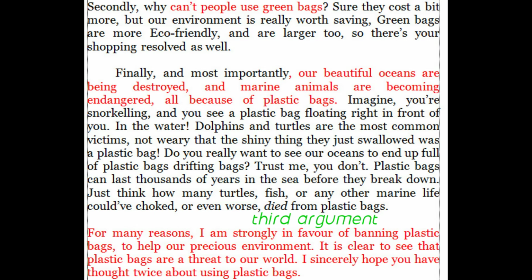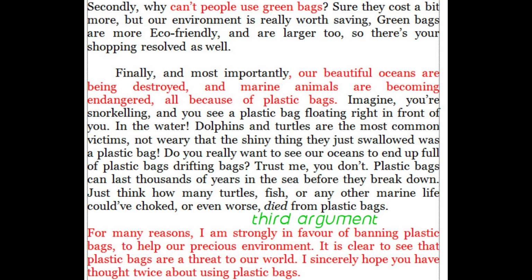Finally, and most importantly, our beautiful oceans are being destroyed and marine animals are becoming endangered, all because of plastic bags. It is very clear in this part that the writer tells the reasons why we should stop using plastic bags. The writer also tells us about the danger or the damage that we will get by using plastic bags.